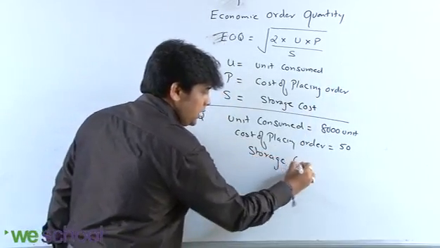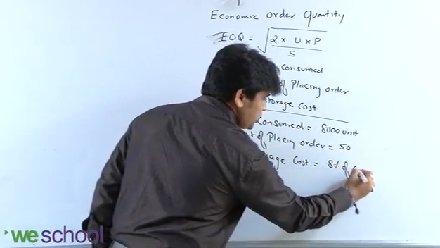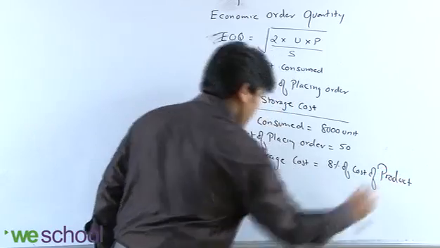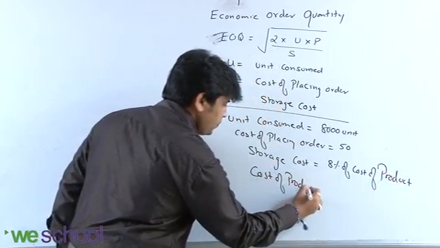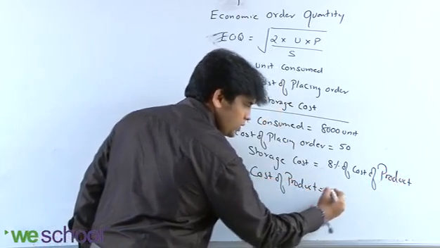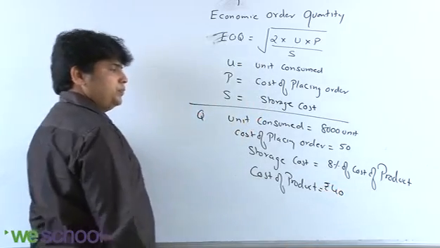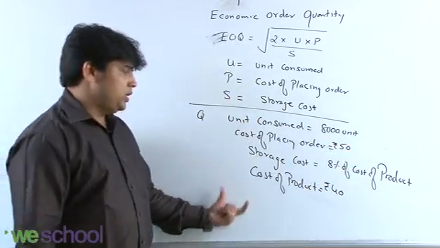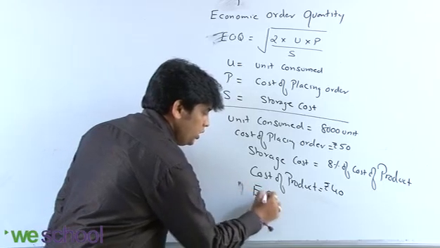Storage cost is equal to 8% of cost of product. And cost of product is 40 rupees. Okay. Now with the help of this information, please find EOQ.